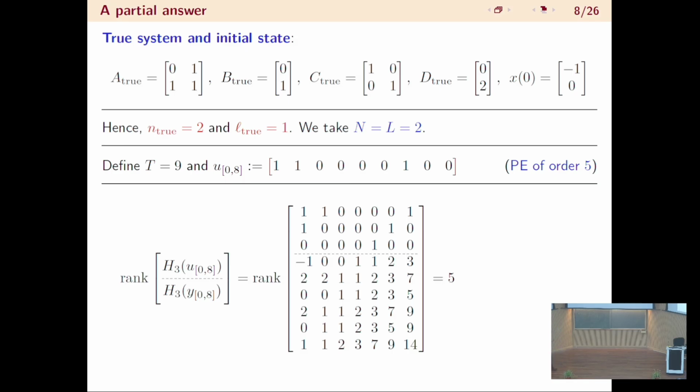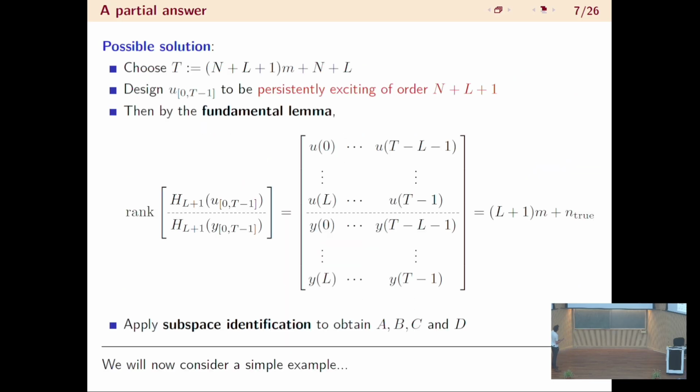We can again compute the rank of that input-output Hankel matrix, and that turns out to be 5. From there, I can actually deduce the true state space dimension of the system. Because if you go back one slide, by the fundamental lemma, that input-output Hankel matrix must have rank (L plus 1) times m.